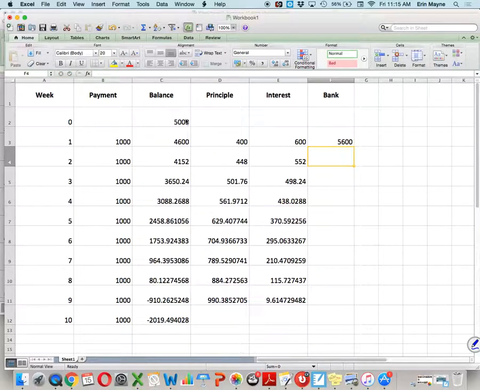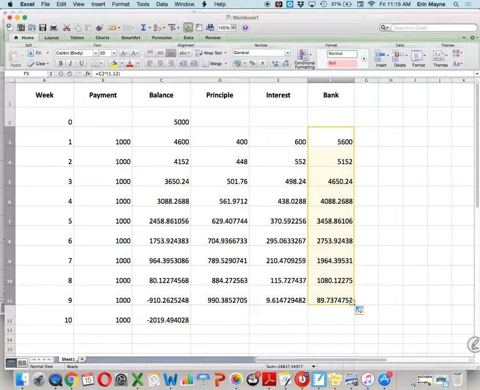Now, it is not a coincidence that this is 5,600 and that is 5,000. Why? Because what did they give you, cause you to pay first? The interest. So watch this. If I were to click on this pattern and drag it down, what did the bank do to calculate your interest here? They said, what's your previous balance times the interest rate? Look at 51.52 and how much interest you paid. That's right. So we'll talk more about that on Tuesday.